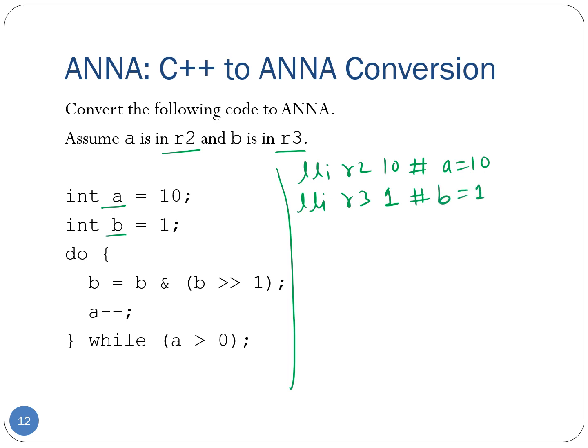Now after this, let's begin the do while loop. Let's make a label do over here. The first statement inside this do while loop is actually two operations: the AND operation and the shift operation. Let's first do the shift operation and then combine it with the AND operation.